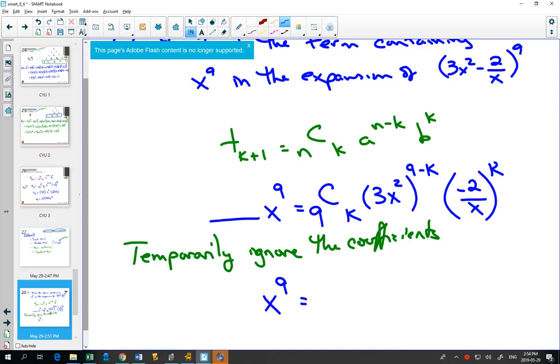The 3 is going to affect the coefficient in front. We're going to ignore that. Can you see in the first one, the only thing you have would be x to then, if we use our exponent laws, x to the 18 minus 2k. And if we ignore the negative 2, because it's going to affect the coefficient, can you see that you would have an x to the k when you multiply them together in your denominator?